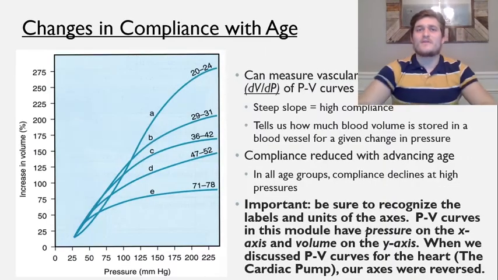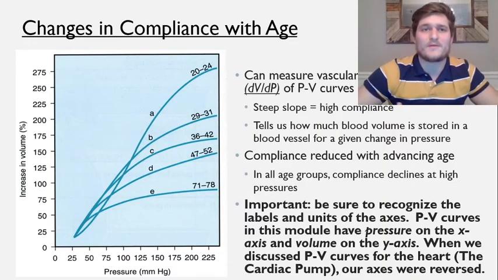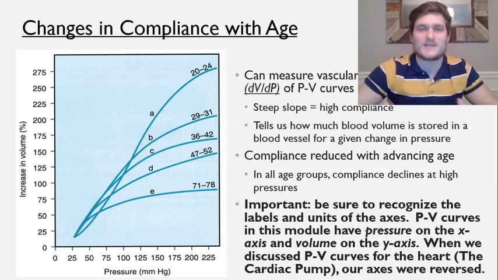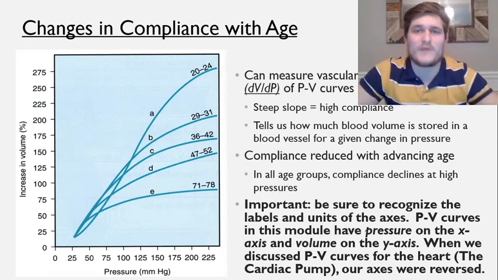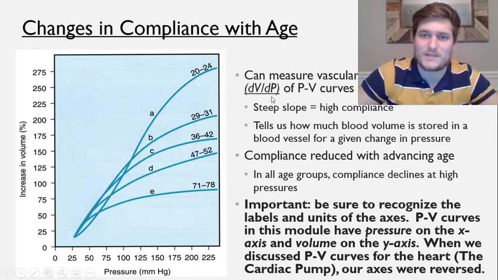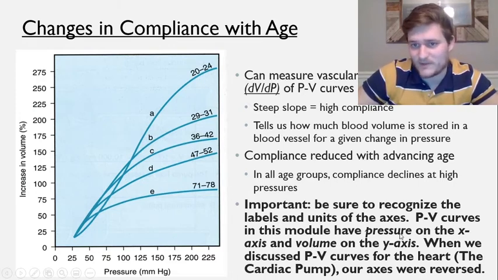As far as cardiovascular health is concerned, we should be worried about arterial compliance, because just as we said, that is going to have an impact on our cardiac workload. And so, we could measure compliance using the slope of pressure volume curves. It's important to note that this graph here looks different than pressure volume curves we've seen in the past.